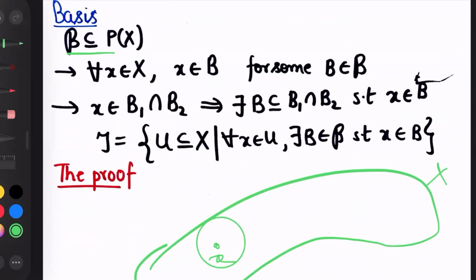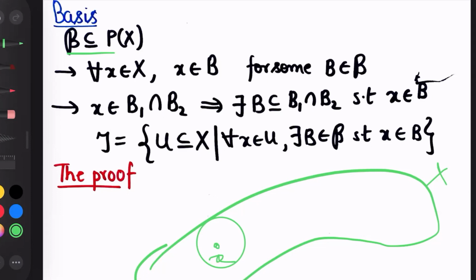This is essentially like what we do in metric spaces with open balls. We say that a set is open when, given any point, you can find an open ball contained in that set. So this is a generalization of the same concept.